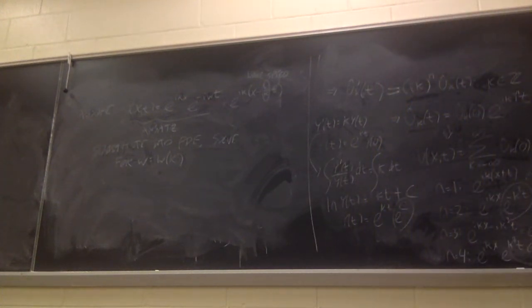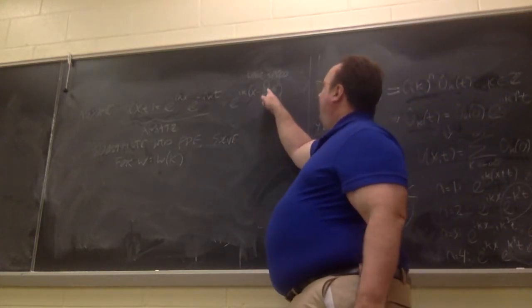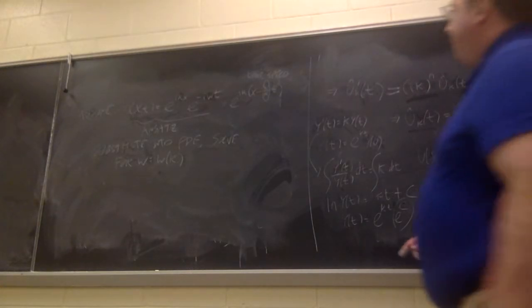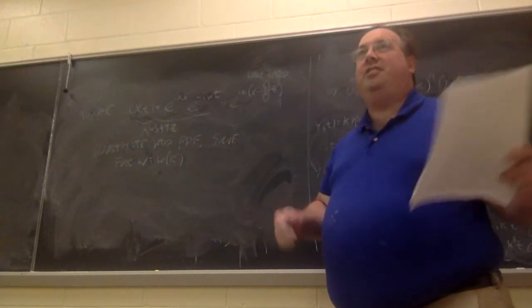Because for each k, the solution is a shift of a graph of e to the i k x, and this indicates what the shift is as t increases. So for example, if w is just a multiple of k, then the wave speed, w over k, would be a constant. So we have advection.